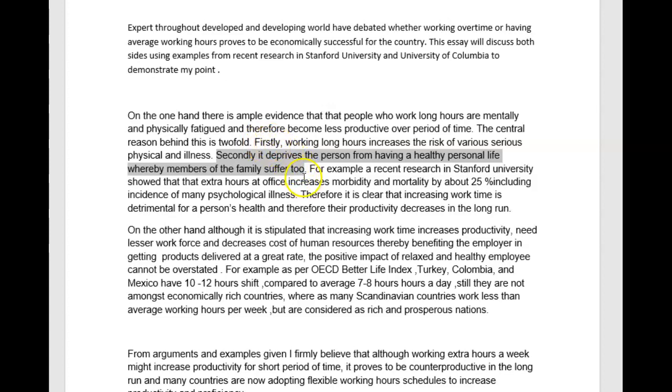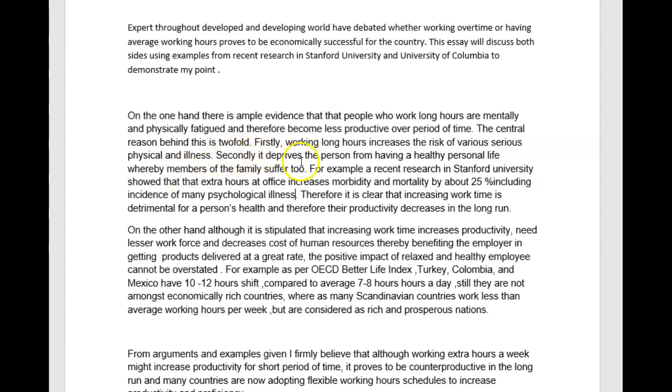Generally, it's a good idea to put your support right after the sentence that presents the idea. So it should kind of be organized like idea, support, and then idea, support. So I would have taken this particular sentence out and I would have put it here. And I also think it would have been nice to actually support that idea, because you just kind of left it standing there.